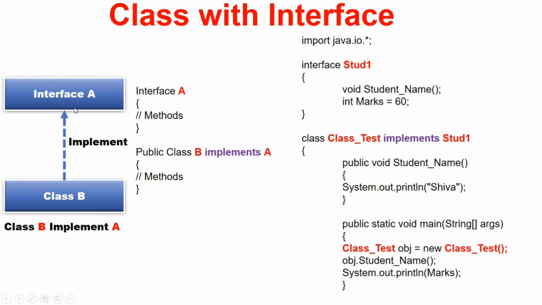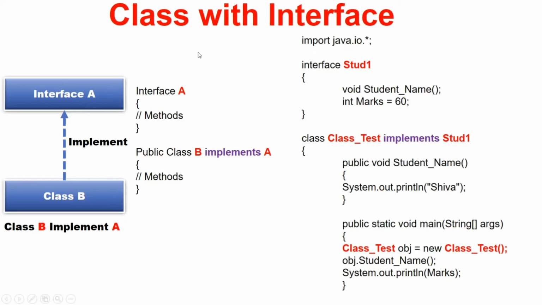So the first pictorial representation which we saw: interface A and class B. This class B is going to implement this interface A. This is the general structure. So the interface name, and some methods in the interface. So this interface is going to be implemented. So the public class B is a class name.